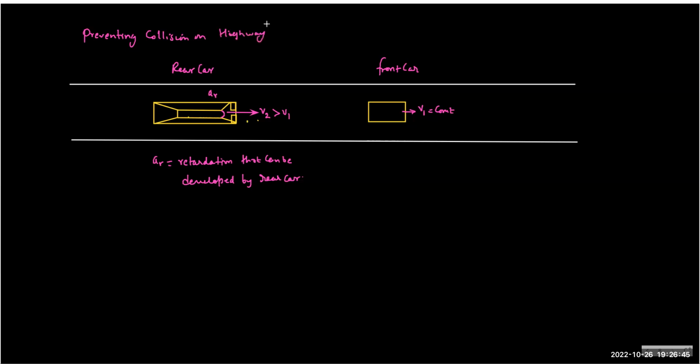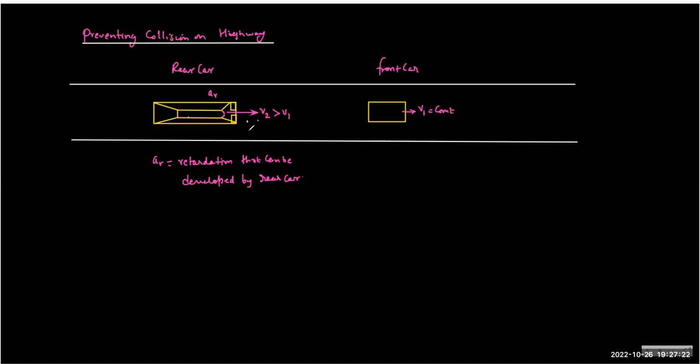So we are trying to prevent collision on the highway. That's why I said kinematics is like a real life situation, and you just need to understand the scenario. If you are able to understand the scenario, you can solve the question. So what you need to understand is that the front car is moving with constant velocity, and the rear car is also moving with constant velocity, but at high speed.